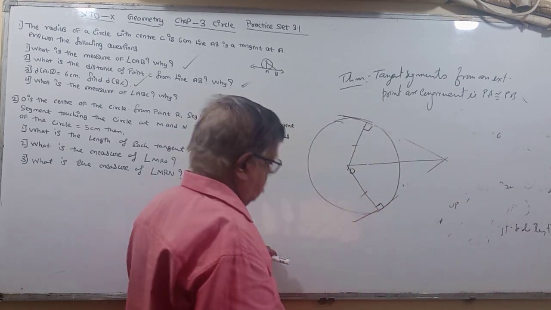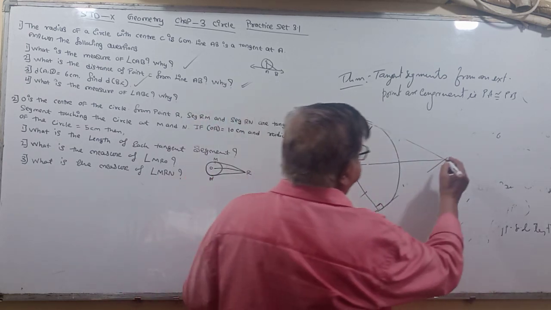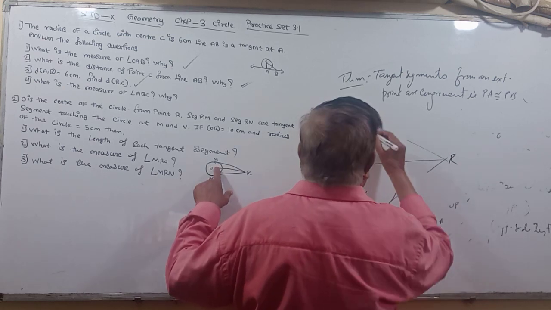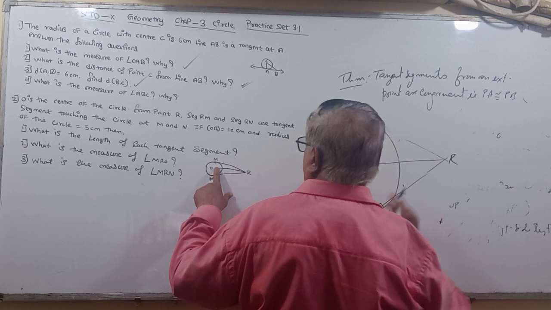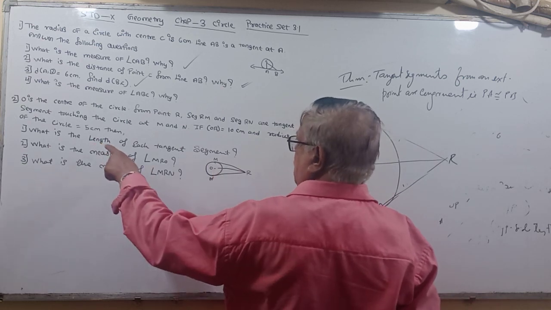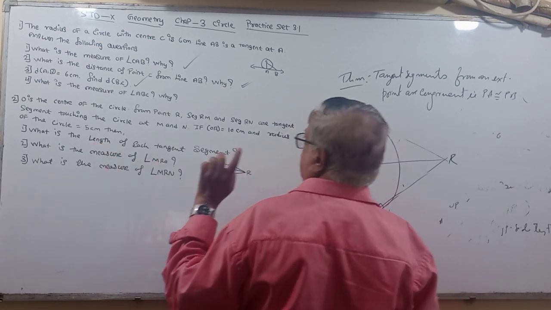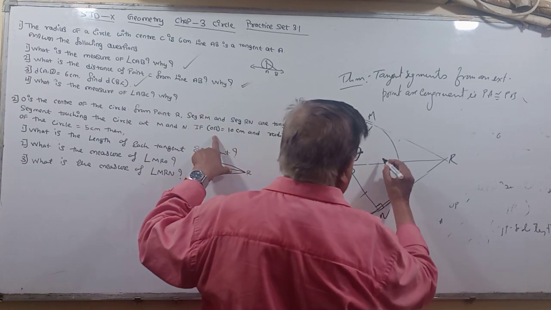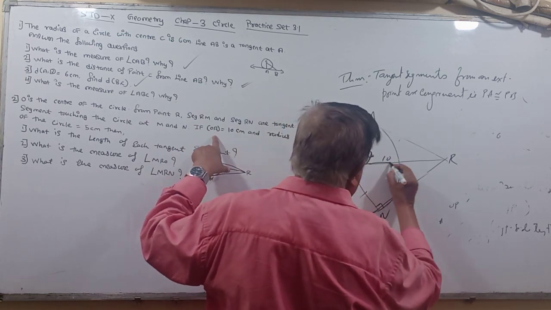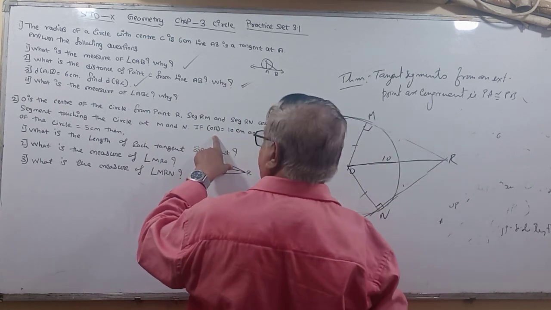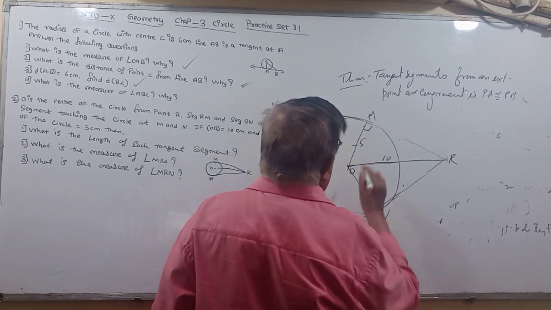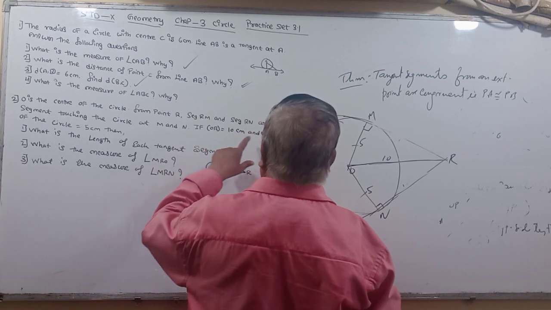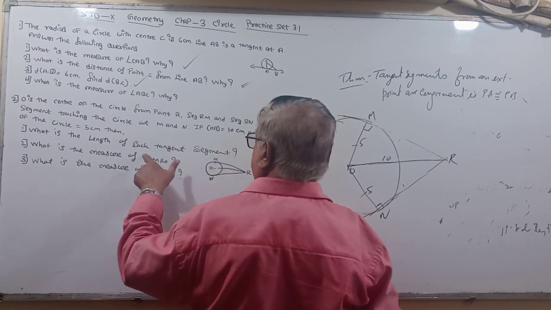We write R here, M here, N here. Now what is given? What is the length of each tangent segment? OR equal to 10 and the radius is 5.